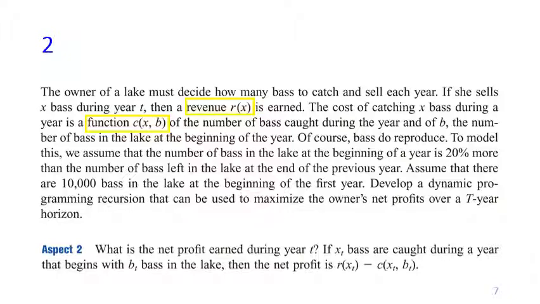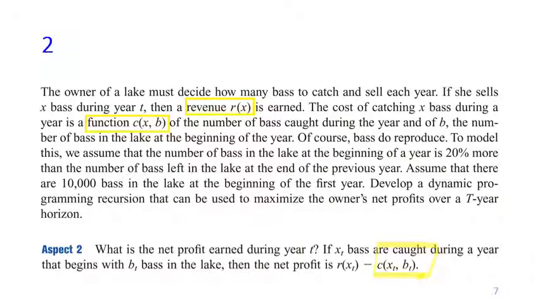And by the way, we don't really care what these functions look like. It may be, let's say, 2XT minus BT or 3XT minus 0.5BT, or it can be whatever. So don't be confused by this.